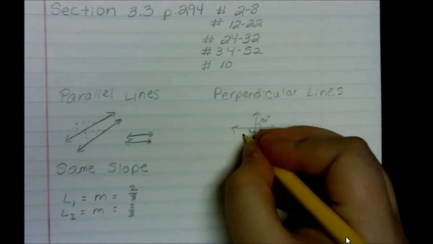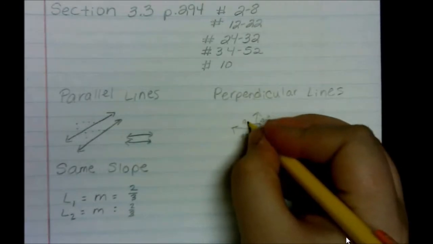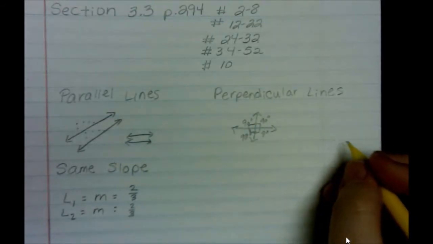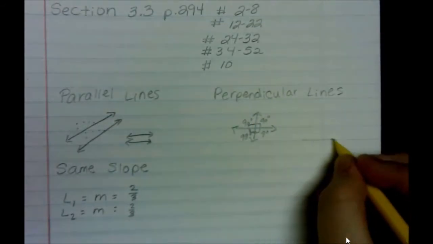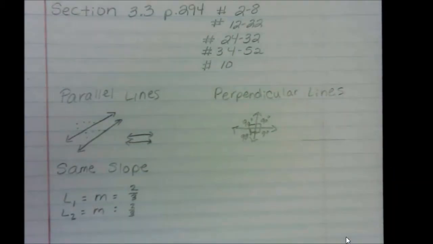It means that it crosses at a 90-degree angle. So an example of perpendicular lines is, if you can see, there's this blue line here and this little pinkish reddish line here. Those are perpendicular because they cross at that 90-degree angle.